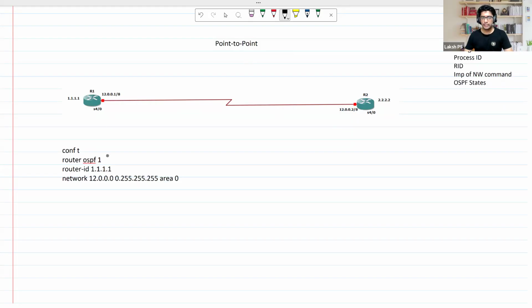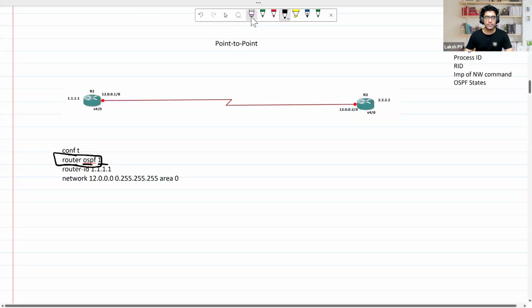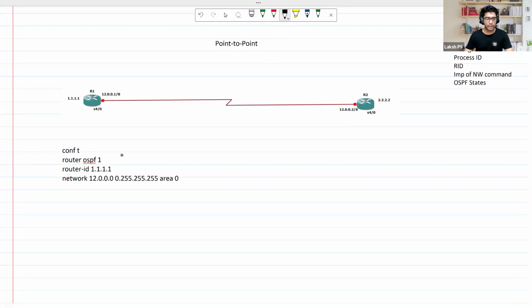So we get inside R1's or any router's CLI, we type configure terminal, press enter, and to enable OSPF, we write router ospf 1. With this command, what happens? We know that OSPF is enabled, right? And this 1 means the process ID. 1 is a process ID, and we can write any process ID between 1 to 65535.